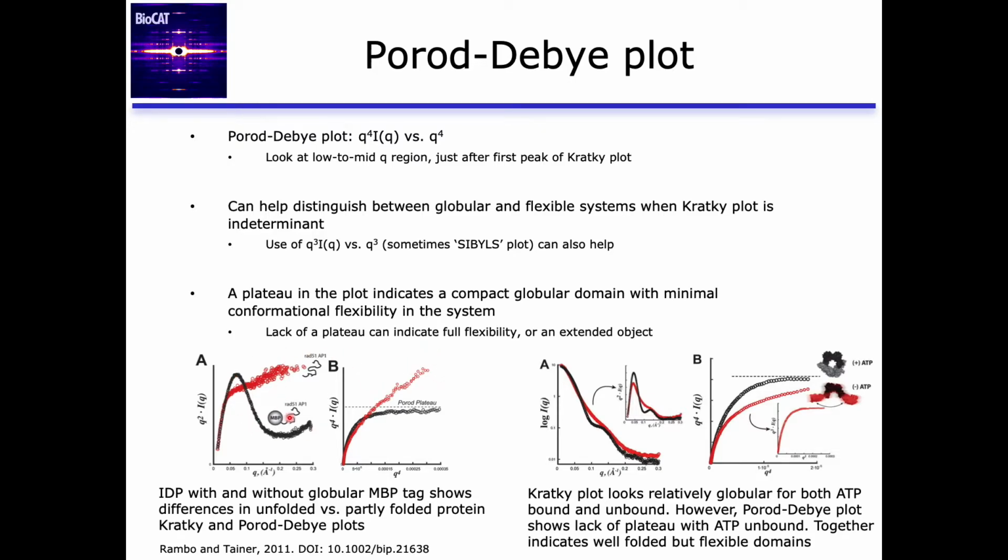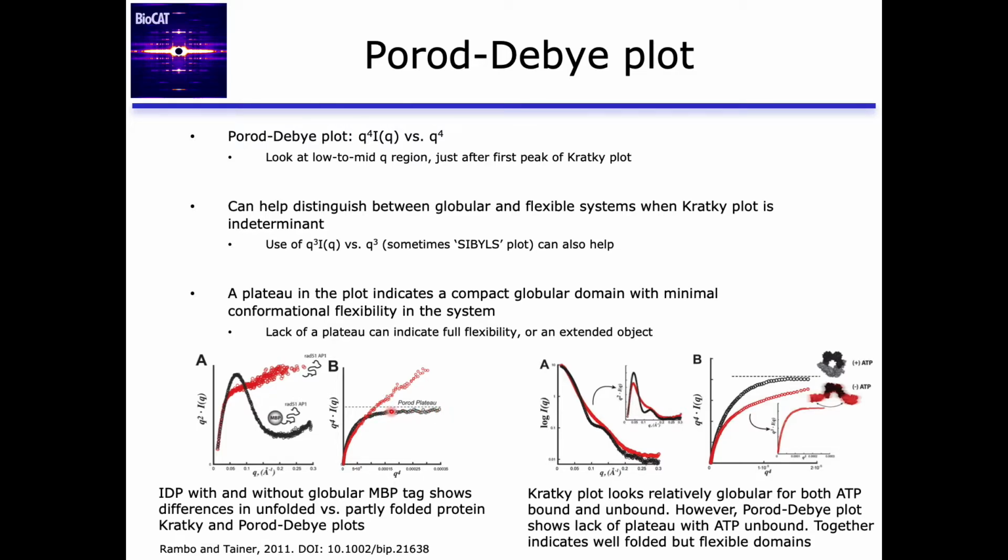This is shown very nicely with this sample data here. Here they were looking at an intrinsically disordered protein, an IDP, shown in red, and the same system but with an MBP tag, which is compact and globular. You can see very clearly the differences in the Kratky plot. And then if you look at this Porod-Debye plot, you see the black curve, which is the curve with the MBP tag, comes up and has a Porod plateau.